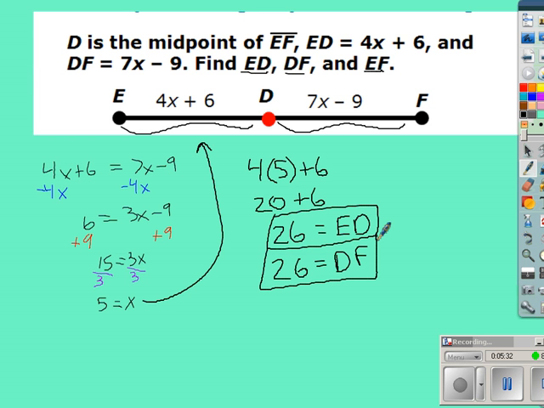If ED is 26 and DF is 26, the whole way across from E all the way to F has got to be 52. We're just going to add those two pieces together, and that'll give me the length of EF. There's all three answers for that problem. A lot of work, but we're applying those algebra skills to find new information dealing with midpoints.